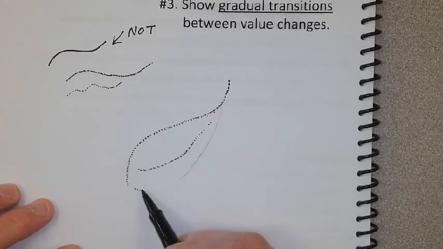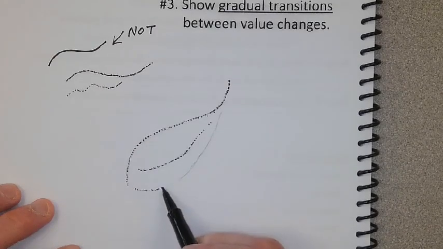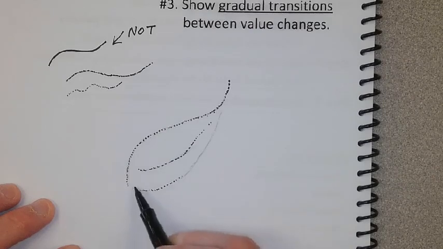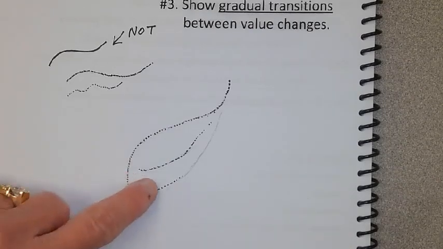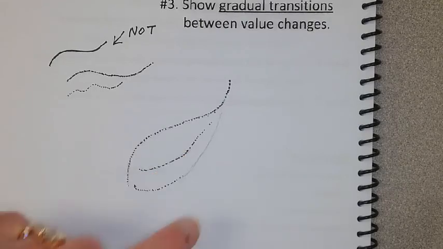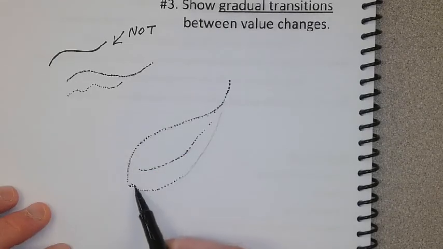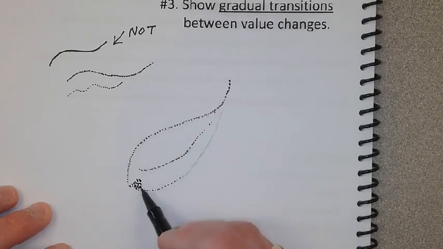How do I get gradual transitions? Gradual transitions in this leaf, say I want the leaf darker at the base, I would simply do lots of dots piled on top of each other.